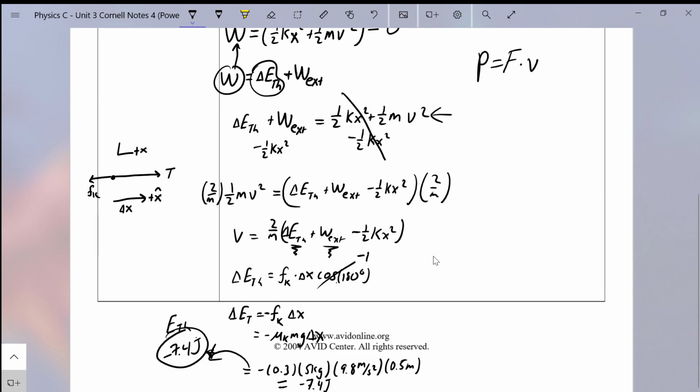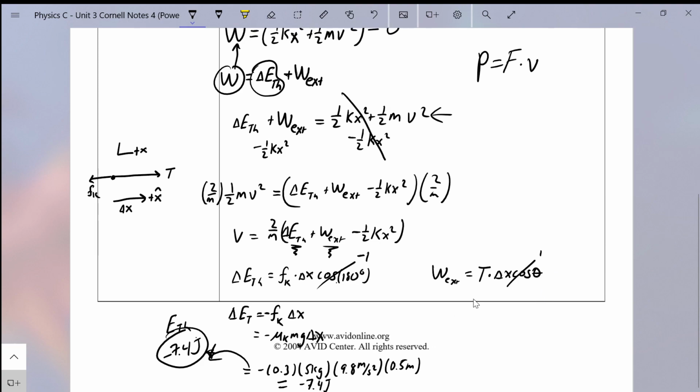All right, then we have this external force work. This is the work that is done by our tension force T, so its calculation will be T times delta x times cosine of theta. Here you can see that our tension force and our delta x both point in the same direction, so this is cosine of 0 degrees, which is 1.